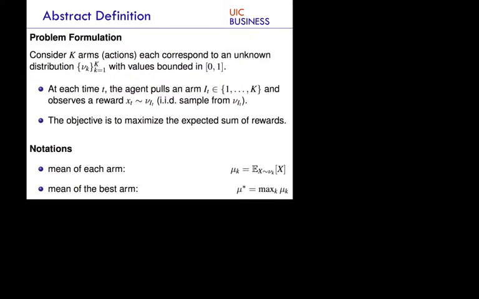So nu k is a distribution, right? That is not a random variable. X is a random variable which is drawn from it. Every time you pick that action, I just look up the index of which distribution I picked, and from there I sample. So you can think of capital X as a random variable associated with nu subscript It, right?